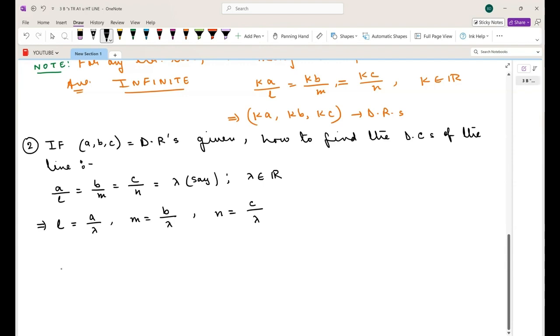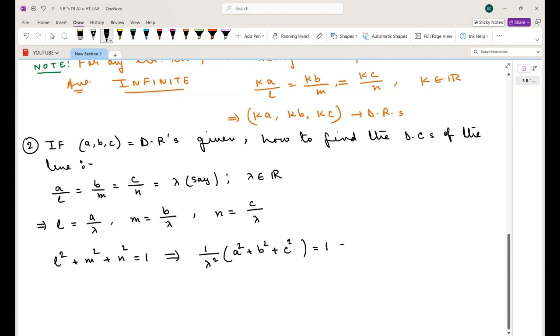Now since we know that there is a property of DC that L square plus M square plus N square is always 1, if we now plug in the values of L, M, N and take 1 by lambda square common, you have A square plus B square plus C square over lambda square equal to 1. Okay.